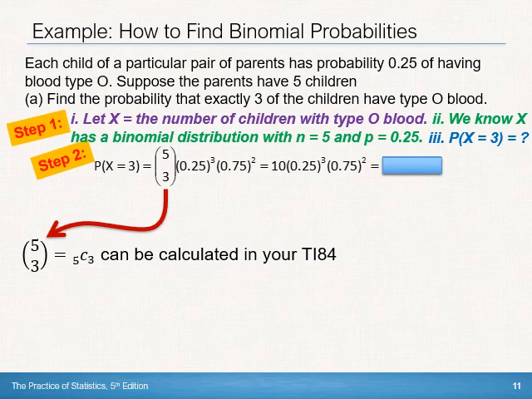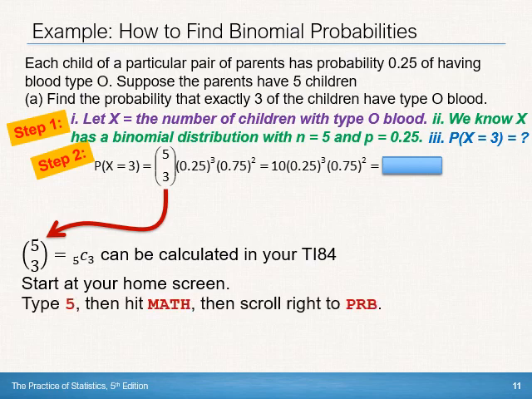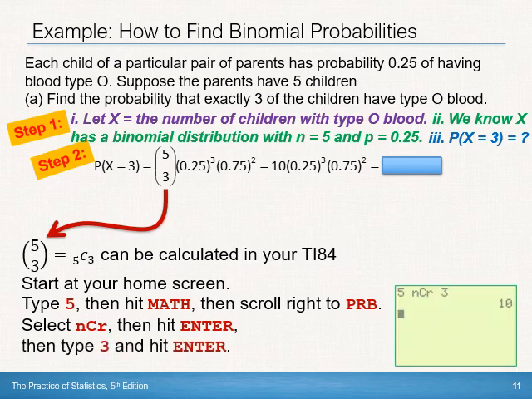What we want to first do is go to your home screen, clear out your home screen, and then type a 5. Then hit the math button on the left side of your calculator, and then scroll over to the PRB menu, which is probabilities. Then go down to nCr and hit enter, and then type a 3.